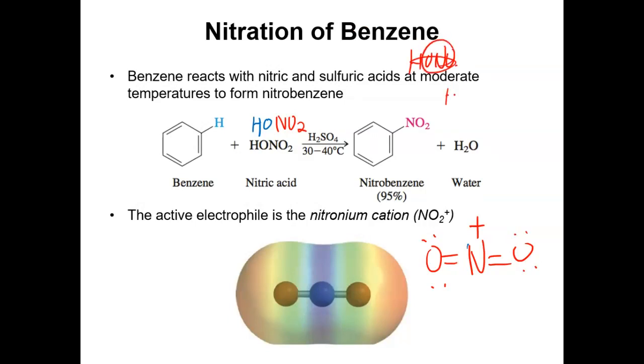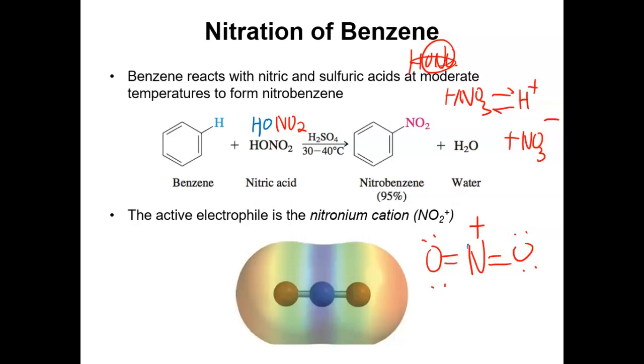Generally, HNO3 can ionize to give you a bit of proton and NO3 minus. The major electrophilic species in nitric acid is the proton, not the nitronium cation.